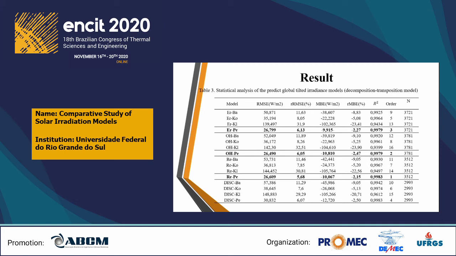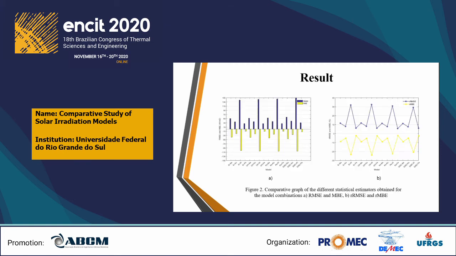All models represent the variability with an accuracy of more than 99% with respect to the values obtained by the Radiosol 2 software, except for the models that use the Klucher model.